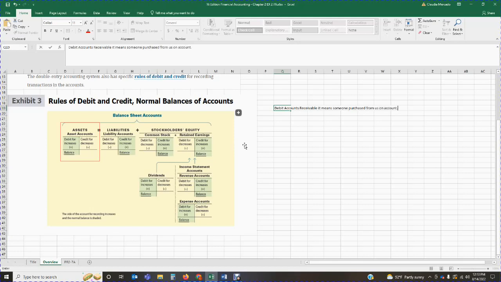Okay, when we credit accounts receivable, it means that a payment is being received.